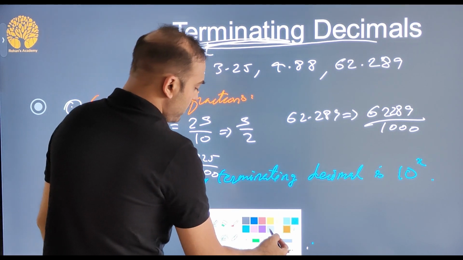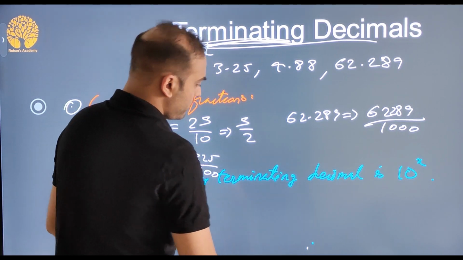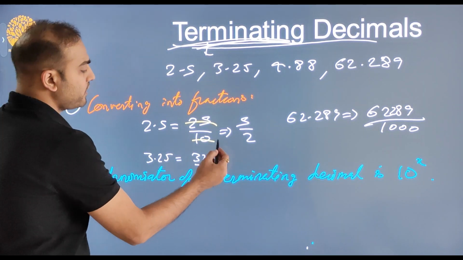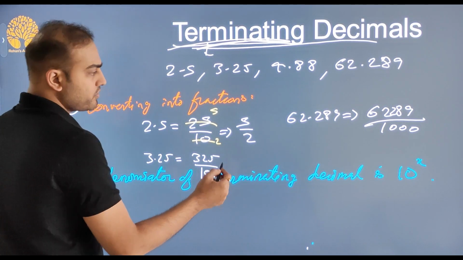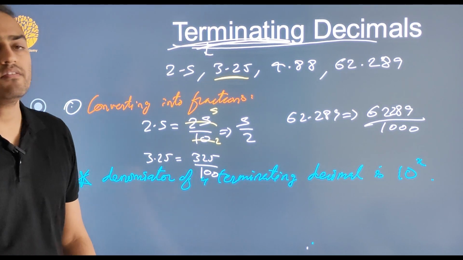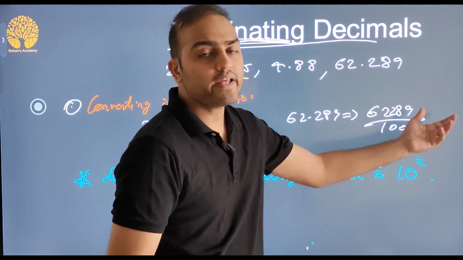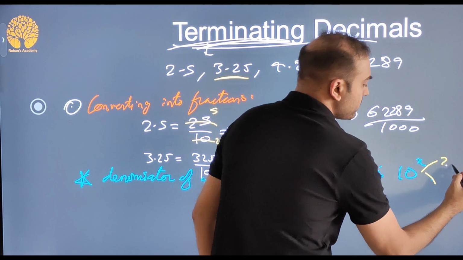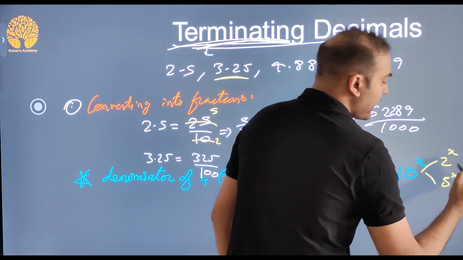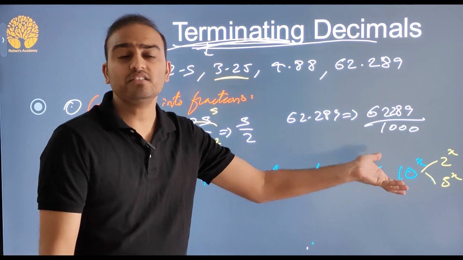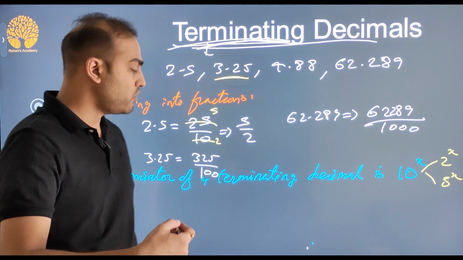Now if we go one step further, see here I cancelled the 10 and 25 by 5 and 5. For this also I can cancel, right? The point is that the denominator has 10 power x. Now this 10 is split into 2 power x and 5 power x, but when I simplify, I can cancel some 2's out or 5's out, right?